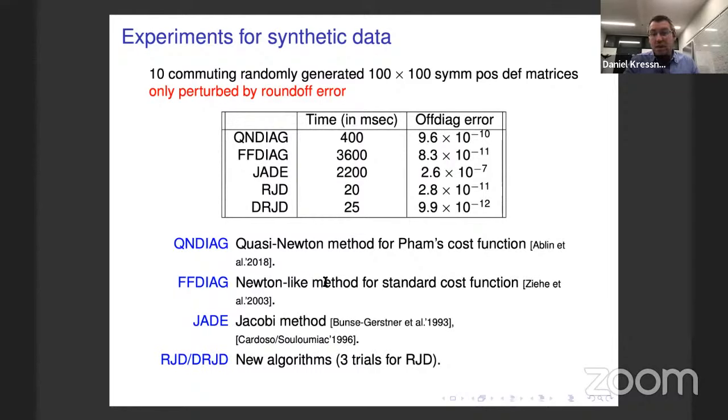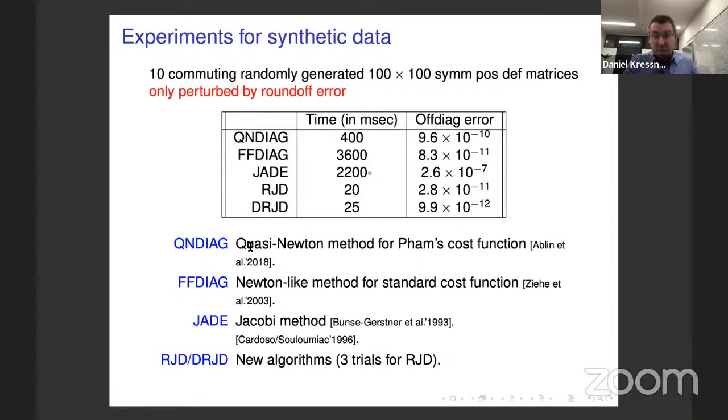Then similar Newton-like methods for the standard cost function are too expensive, at least for this approximation of the Hessian used in this method. It uses 3 seconds, gets a good error. One very competitive method we found, as you will see later, is when you use Pham's cost function, which was based on the KL divergence and only works for the symmetric positive definite case.